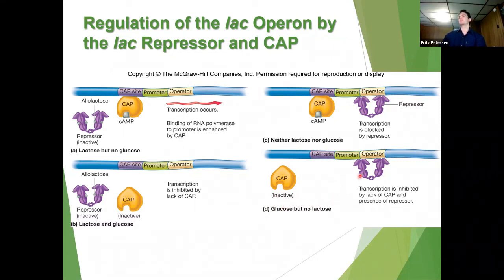And then transcription will be inhibited by the lack of CAP and the presence of our repressor, because, remember, no lactose present, so allolactose is not present, meaning the operator can be blocked by the repressor and the CAP will not be active. So in this case, it's blocked on both sides, you can view it in that way. So transcription will be inhibited by the lack of CAP and the presence of a repressor.